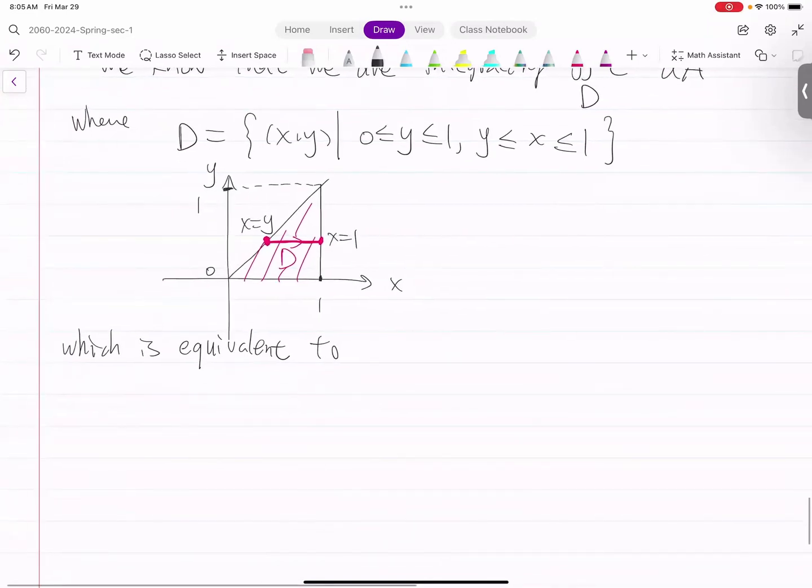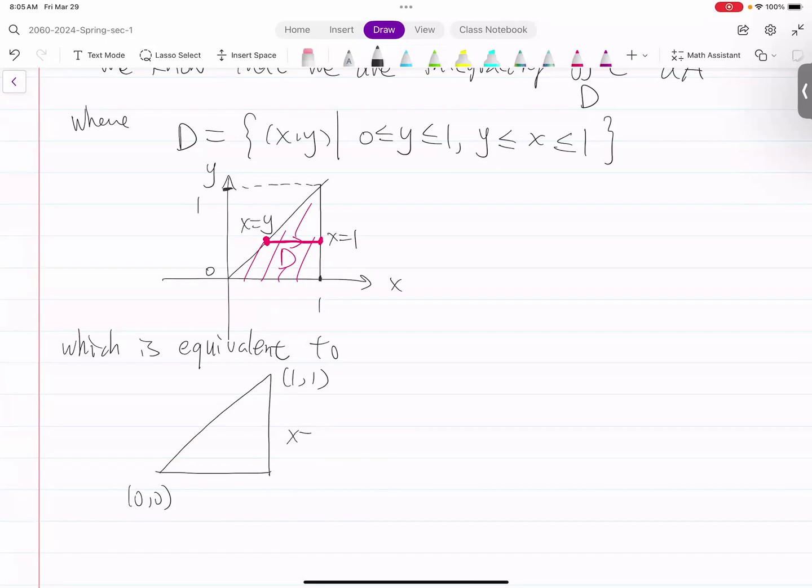So this time it's the same triangle. It's a right triangle, okay, and then we have the lower left corner 0, 0. The upper right is 1, 1. And then, okay, of course, the right hand boundary is x equals 1. And now here, if we're using the vertical bars to cover this region, then we are going to care about the y values of this line segment, right?